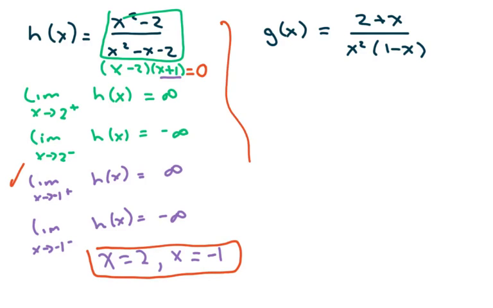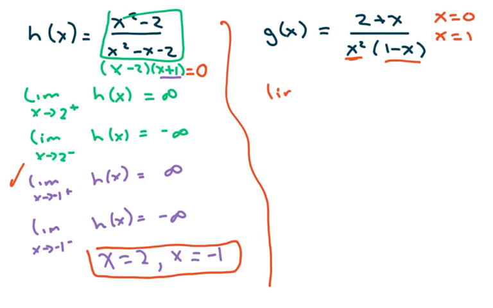And for this one, we do the same thing. We're going to check for x equals 0 for this piece, and x equals 1 for this piece. Let's do the ones first.